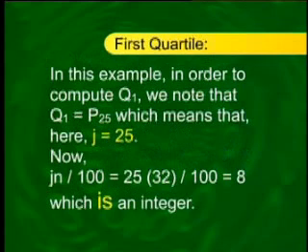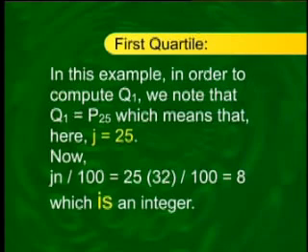We wanted to find the first quartile, Q1, and Q1 is the same thing as P25. Therefore, according to the rule, we are talking about j equal to 25. And therefore, jn over 100 is equal to 25n over 100.